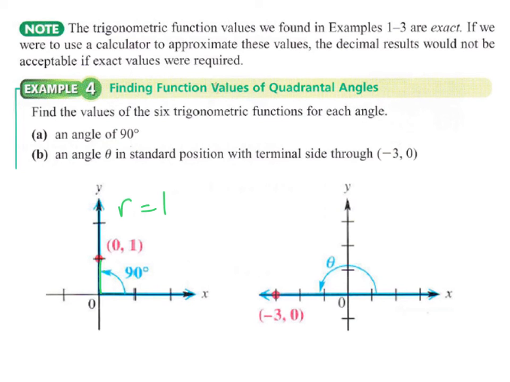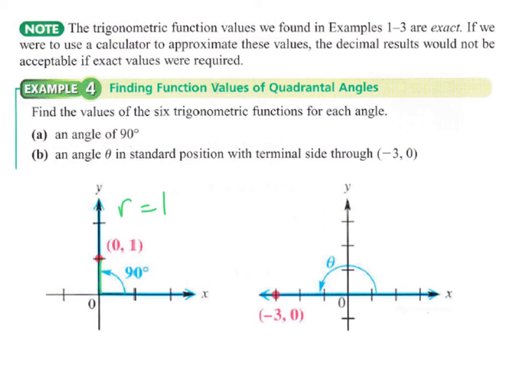So we still have our x, y, and r for this point 0, 1. Actually, I'm going to hold off on writing out the values of those 6 trig functions. We'll just take a look at that in a second. And likewise over here, if we are given, instead of being told it's a 90-degree angle, we might be told something like it's got a point that is negative 3, 0 on the terminal side. Well, that really makes a 180-degree angle, if you're wondering.